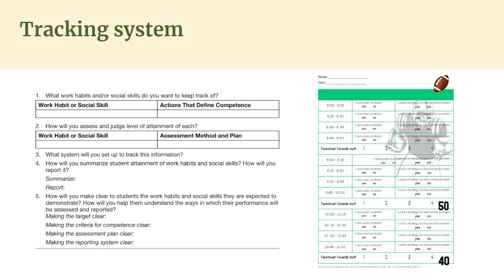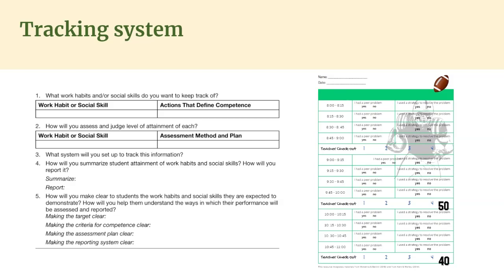And so instead of this, Stiggins says that what we should do is have some type of tracking system that doesn't go into the grade, and work with the parents to come up with actions that we can take to help the student. To do that, the first thing you should have, of course, is to work on the habits or social skills that you want to keep track of.